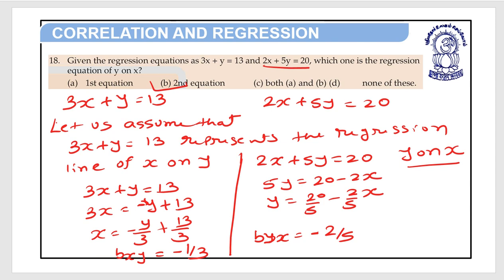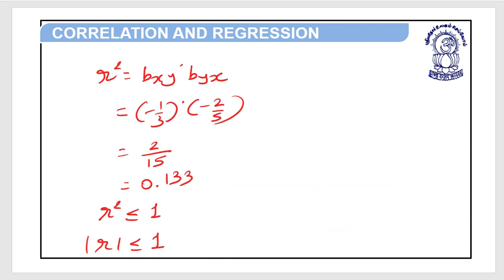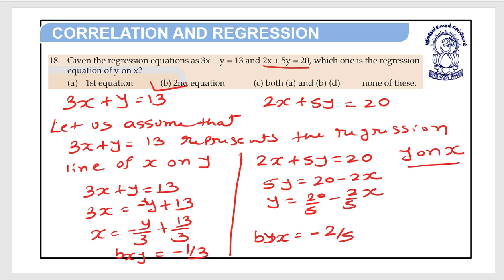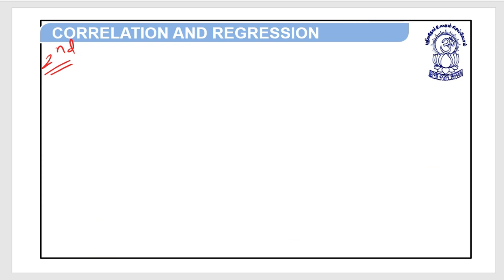If you want to check for both, because here one option is both A and B, we have to check also 3x plus y is equal to 13 as the second.